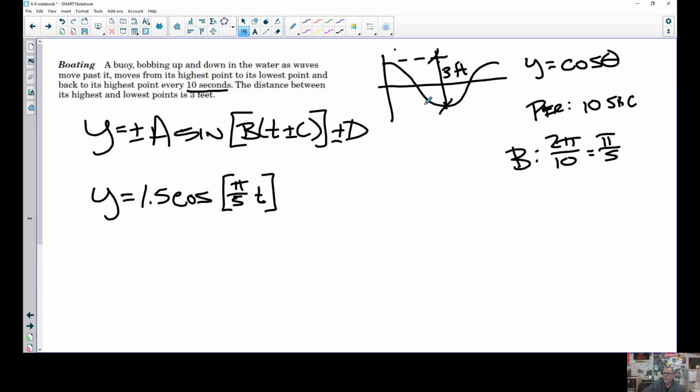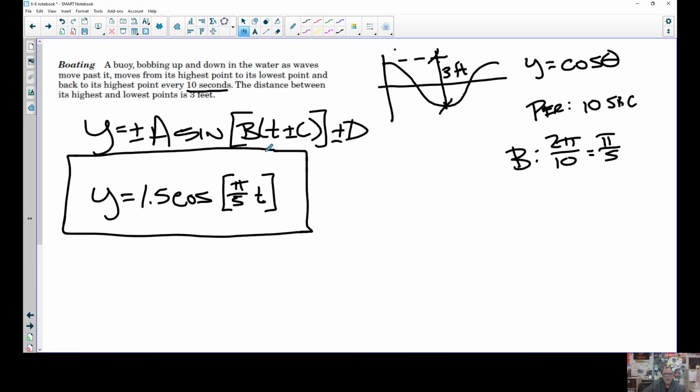We don't even need a D value because we'll just leave 0 height as its midpoint. So we can leave it just like this and have this as our function. That would model a wave going from its high point down to its low point, back to its high point over a 10-second period.